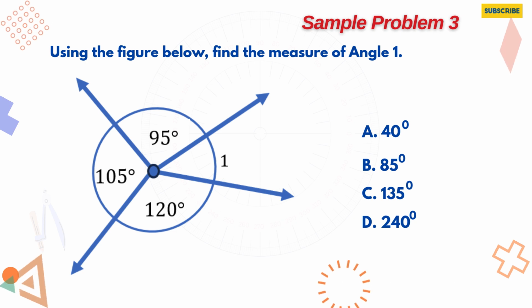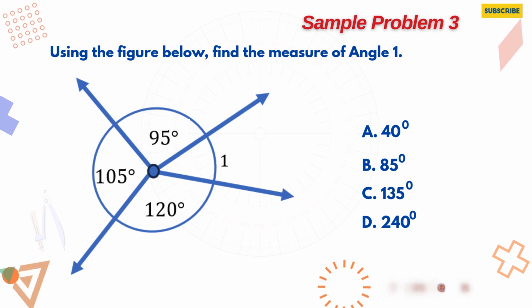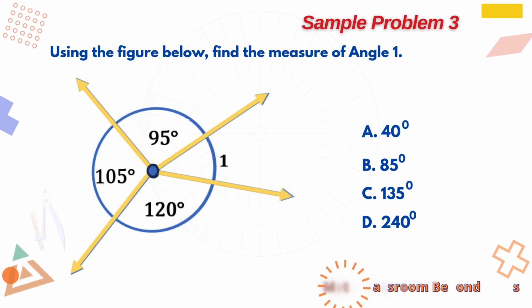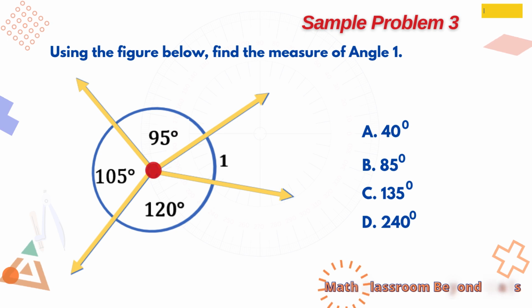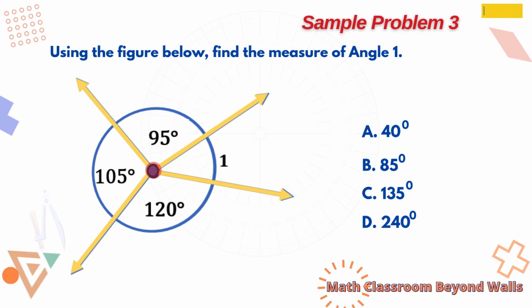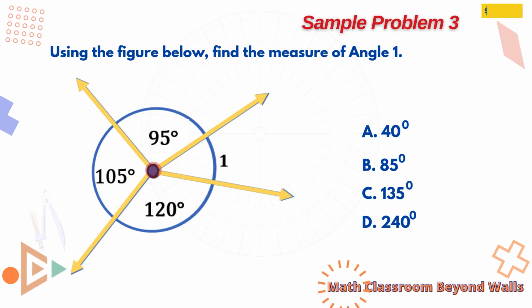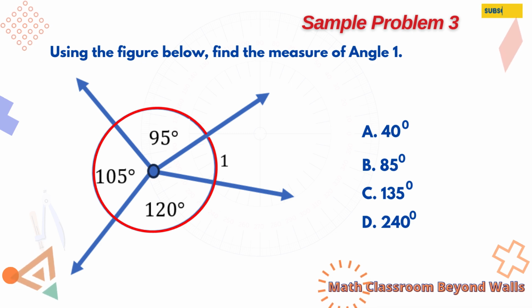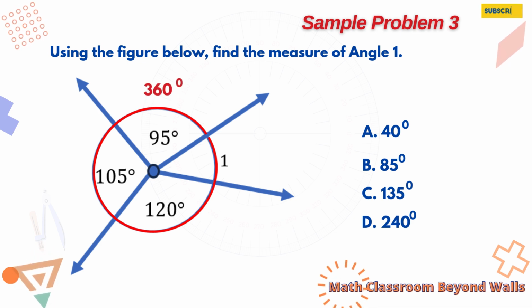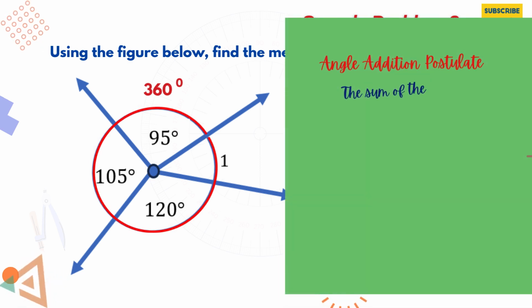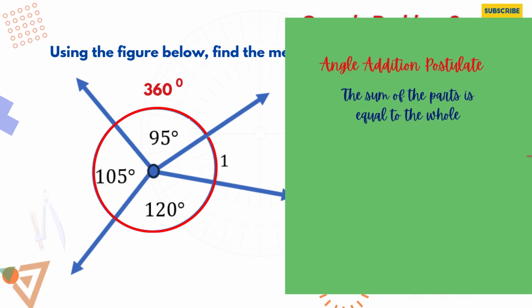Okay, let us examine the diagram further to get more information. We know that the angles are adjacent and surrounding a common point, the vertex. With that configuration, we can conclude that the smaller adjacent angles form a larger angle with a measure of 360 degrees. Can you follow, learners? Therefore, we can say that the sum of the parts is equal to the whole.